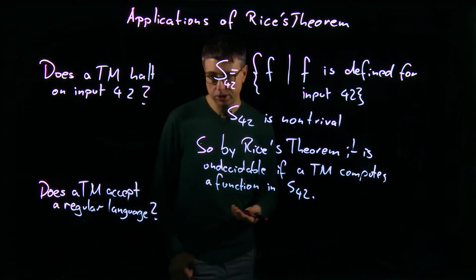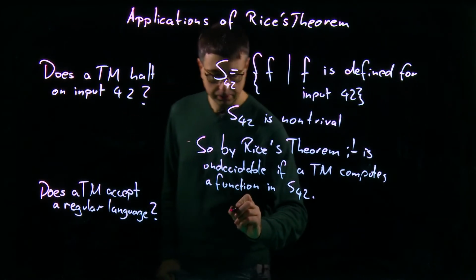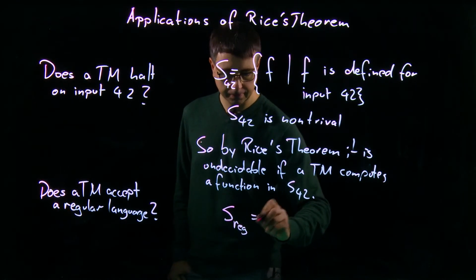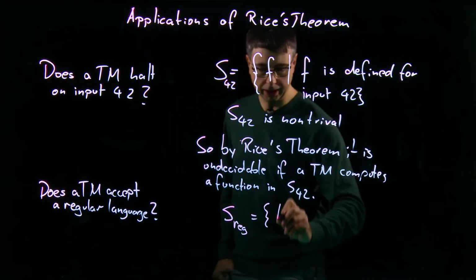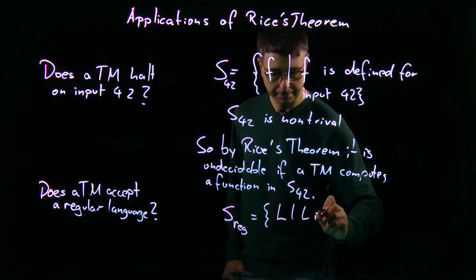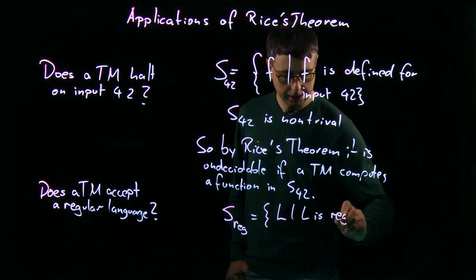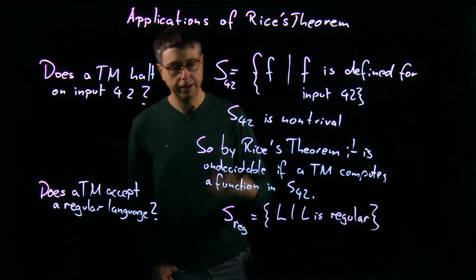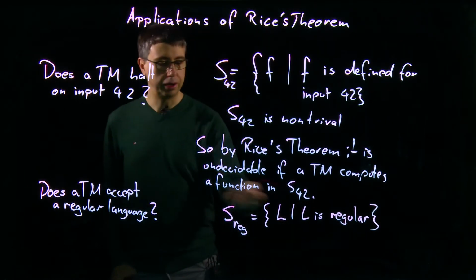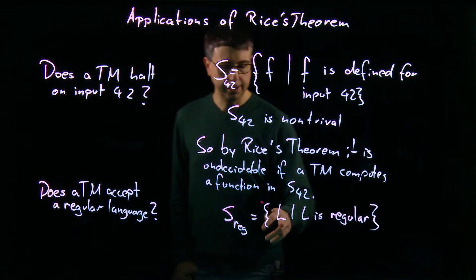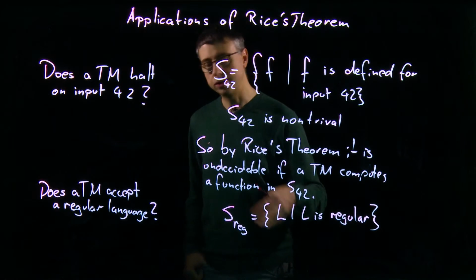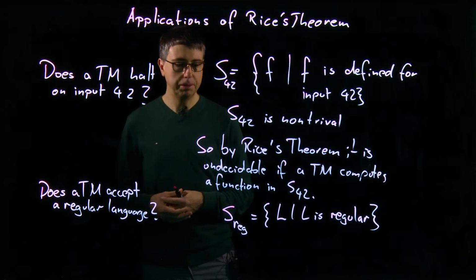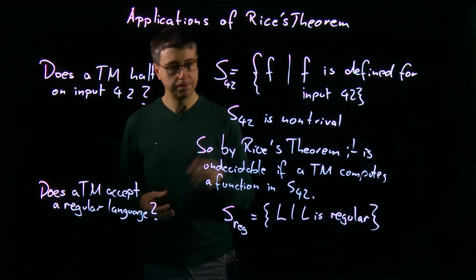However, this problem is also undecidable, because you can simply consider the set SREG taking all the regular languages. So in this set SREG, we simply collect all the regular languages. Every regular language is of course Turing acceptable, so this is a subset of the Turing acceptable languages.